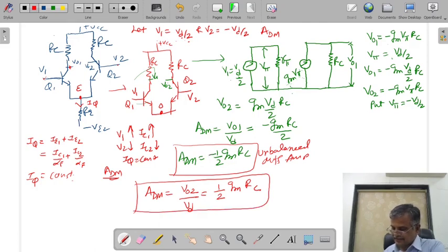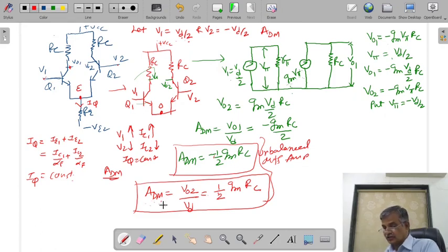Don't worry about the minus and plus sign. This you are taking from output VO1, and this you are taking from output VO2. So this is the equation for the unbalanced differential amplifier, the equation of the differential gain.